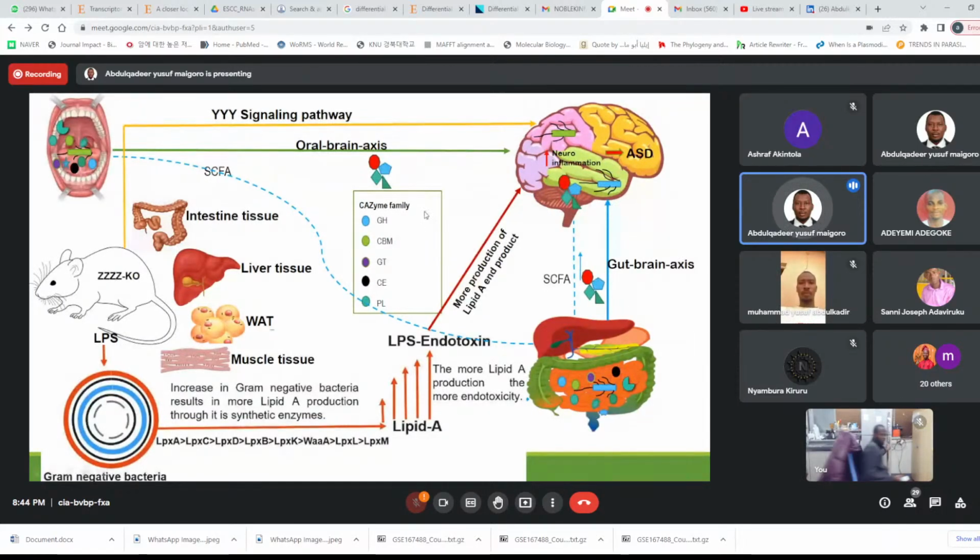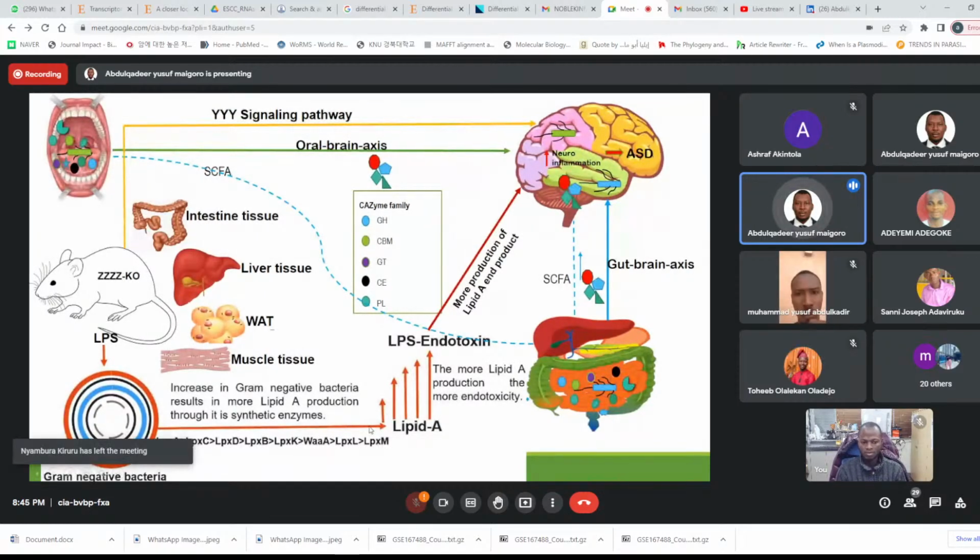So this is a schematic illustration. I just want to explain to you some concepts of part of what we did in my lab, just to give you more insight about the relationship between the gut microbiome and the brain axis. As I talked to you about these gram-negative bacteria, we know they produce the endotoxin, but we were able to measure their abundance related to the endotoxin they can produce in individuals suffering from autism spectrum disorder.